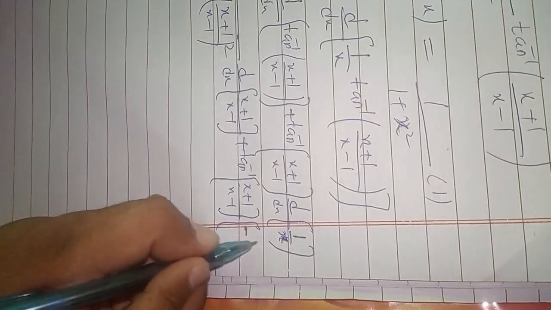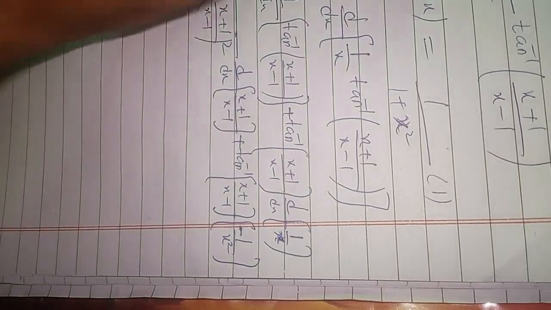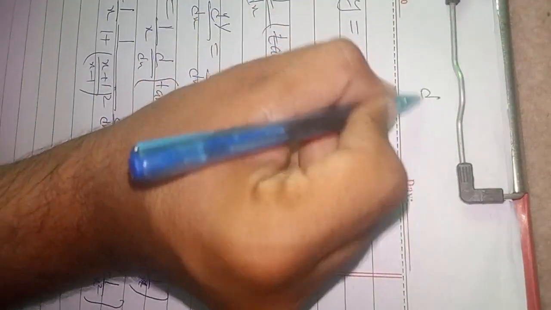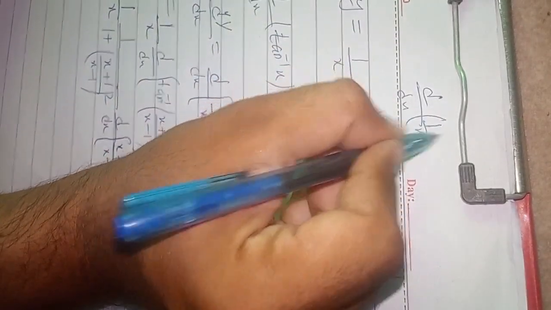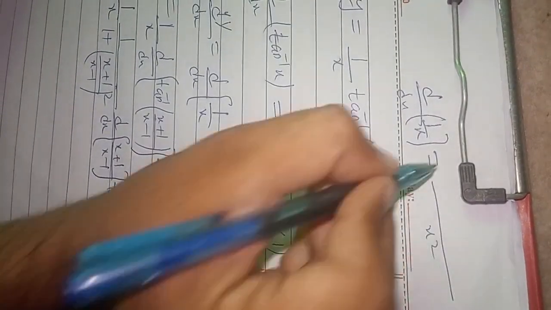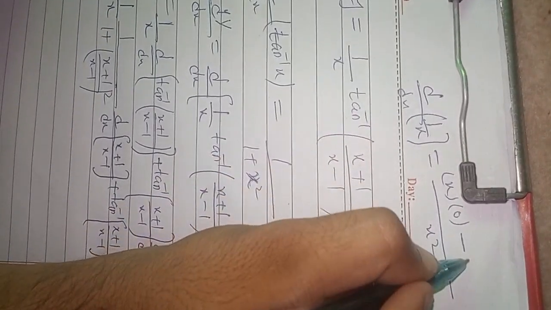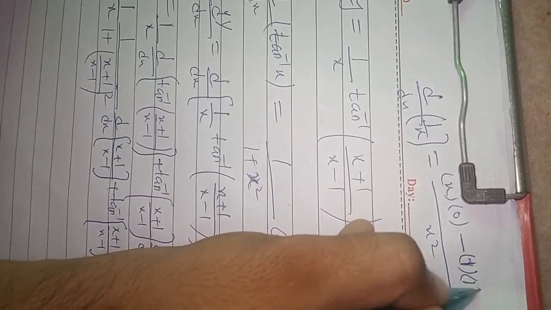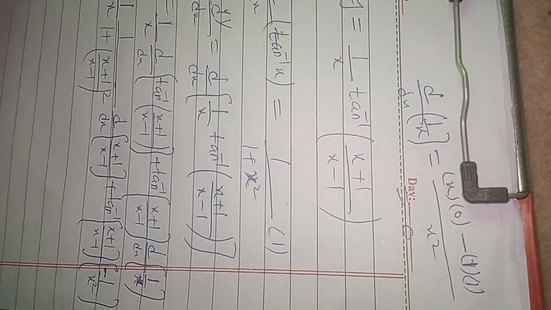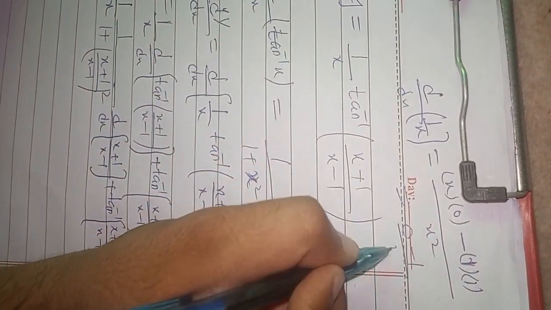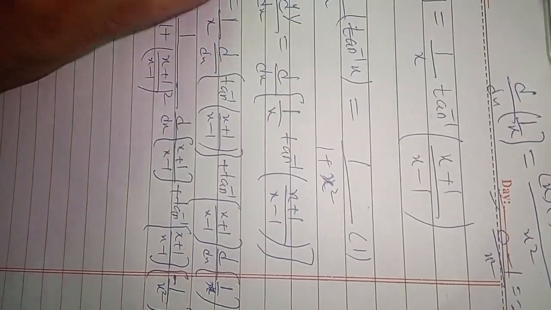You know that the derivative of 1 over x is minus 1 over x square, through the quotient rule. So now we are going to simplify that.